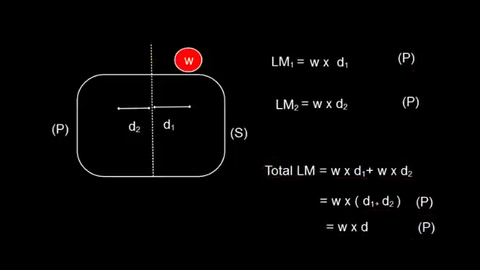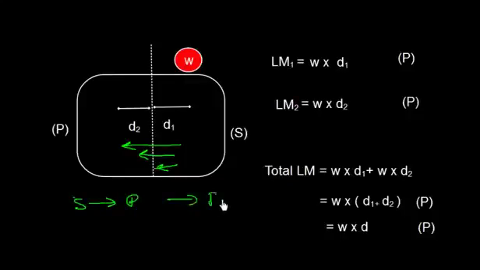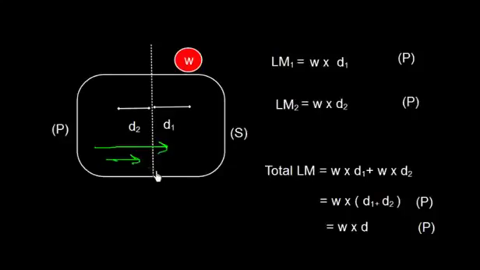It gives a very interesting relationship: if I shift anything from this place to this place, from starboard to port, this will create a list moment. If I shift from starboard to port, this will create a port list moment. And similarly, if I shift something from port to starboard, I'll get a starboard list moment.